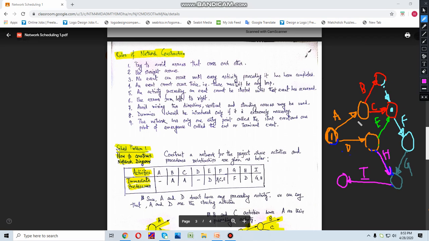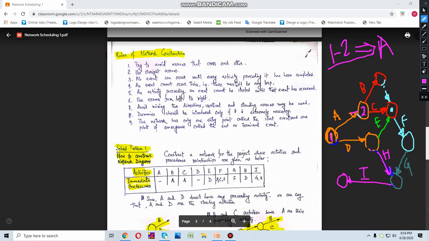Now see, the alphabets in the network diagram represent the activities. The numbers in the network diagram represent the events. So I am just going to fill up the events. Like here I am giving the number 2. So this activity A can also be represented by this. So 1 to 2 means activity A. These two things are synonymous, they mean the same thing.